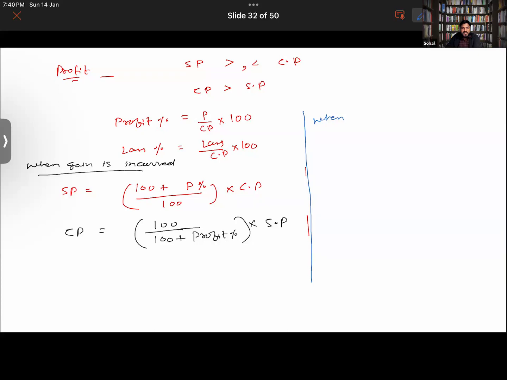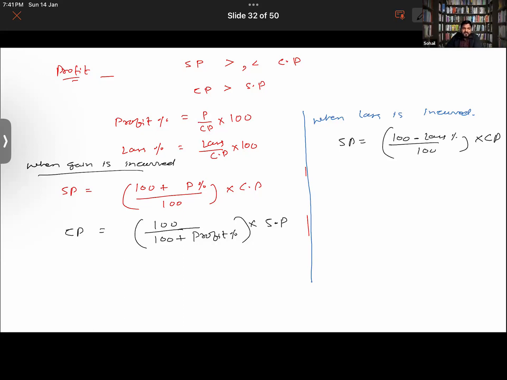So when loss is incurred, the selling price will be 100 minus loss percent upon 100 times cost price.